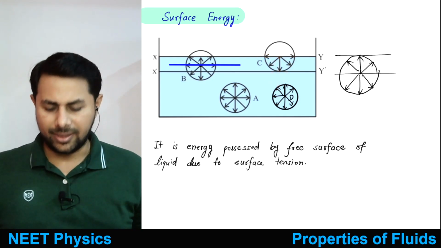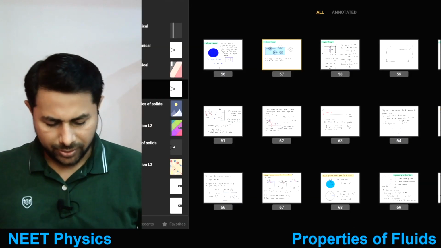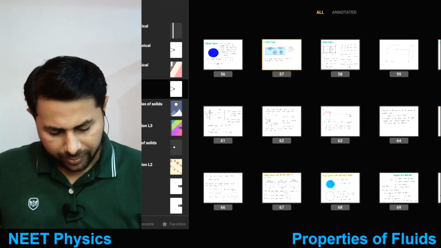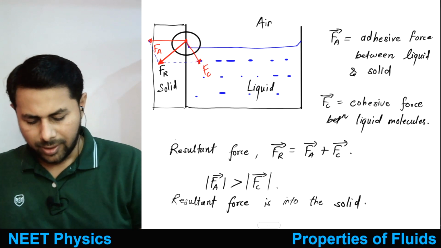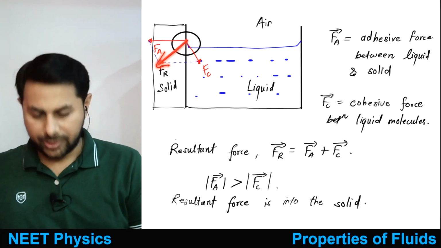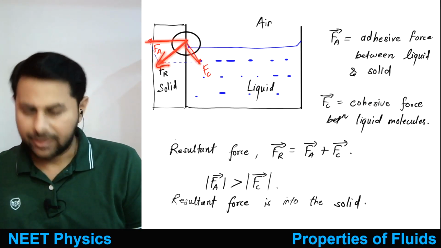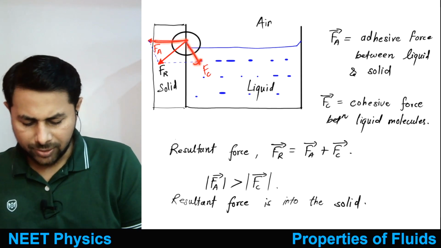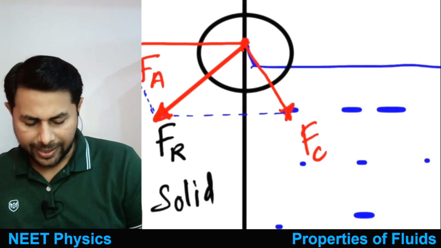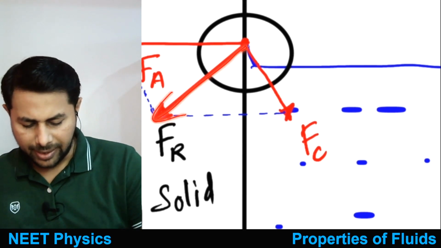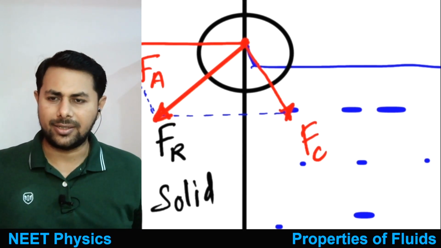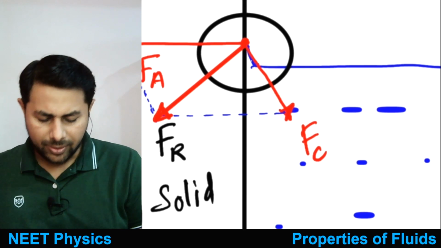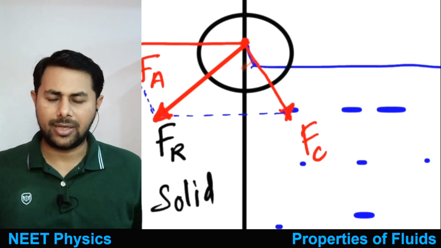It is 90 degrees. So here also you can think in the same way. This is the resultant force of the cohesive force and the adhesive force. Then what should be the angle between the resultant of them and the free surface? It is 90 degrees, and because of that the angle of contact now becomes acute.